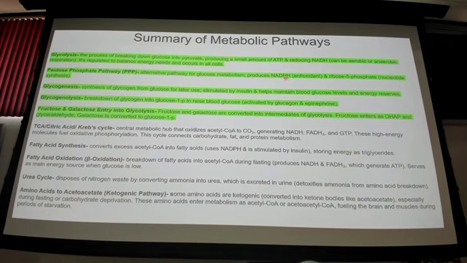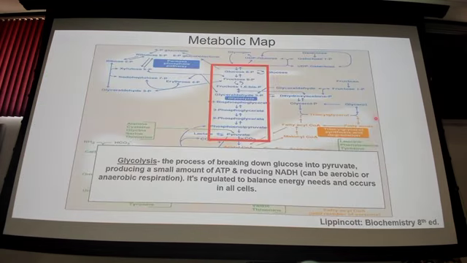Here's a summary of all of the metabolic pathways that we've seen in the previous slide. The ones in green are the pathways we're going to talk about in this lecture. And so I'm going to go over all of this information in green as we progress in the slides. So, first pathway, glycolysis.